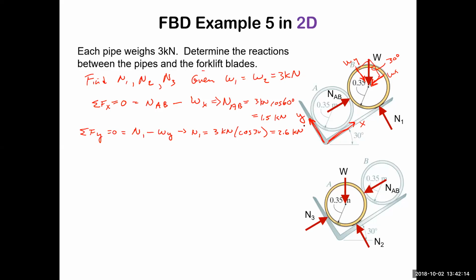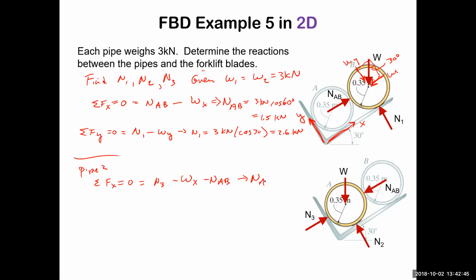So that solves the 2 unknowns on pipe 1. Now we can look at pipe 2. In pipe 2, we've got the NAB force acting the other way. So the x's are going to be N3 minus Wx minus NAB.